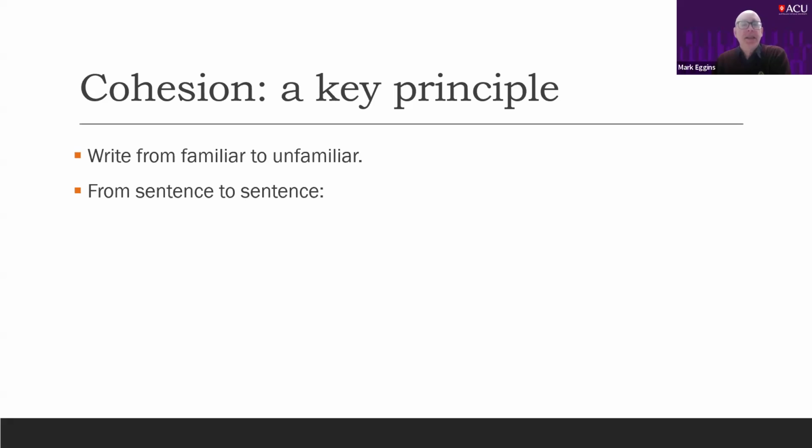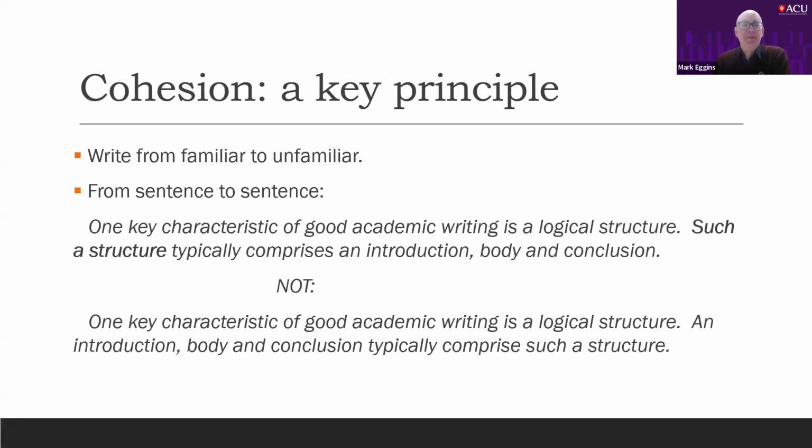All right, so let's have a look at some examples here. We see here they talk about from sentence to sentence. We've got, "One key characteristic of good academic writing is a logical structure," and then it says "such a structure." So it starts with the familiar and ends talking about the introduction, body, conclusion.